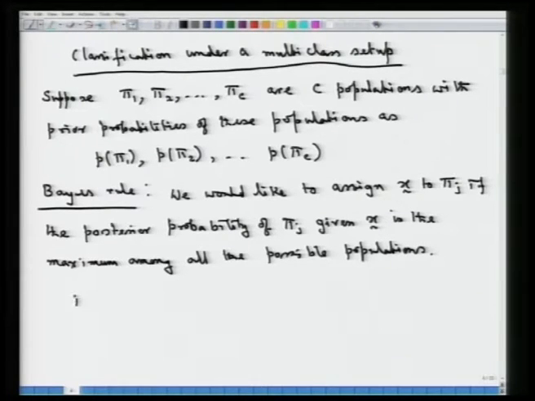That is, let us denote by p pi j given x the posterior probability of the population pi j given x is observed.